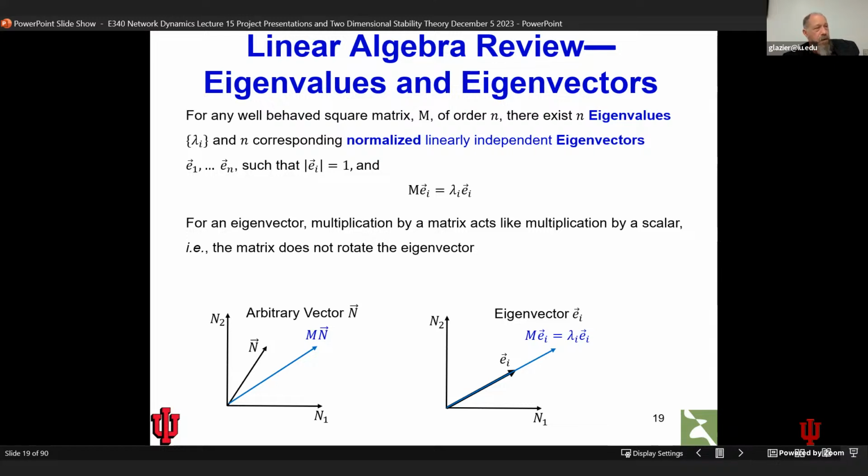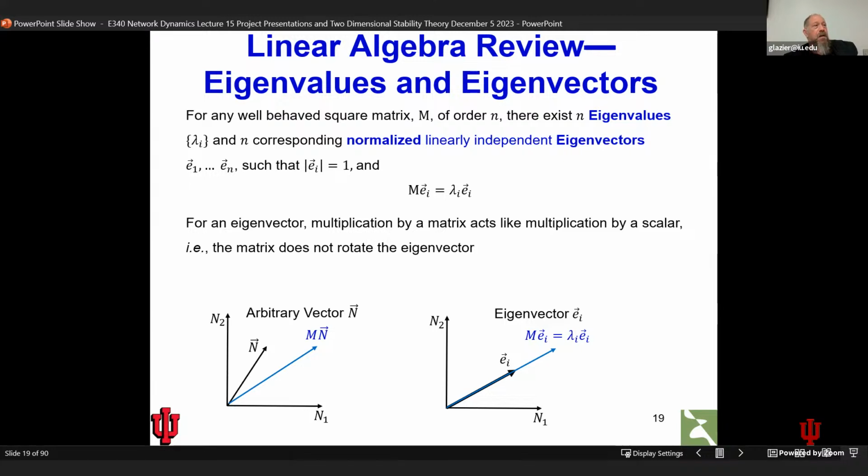Suppose that I have an arbitrary vector. The eigenvectors are the vectors which under the Jacobian matrix don't change direction. So the Jacobian matrix applied to an eigenvector gives you the same vector, either longer or shorter. It doesn't change the angle.